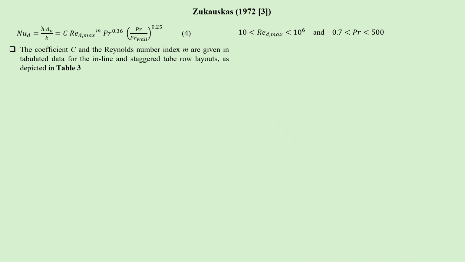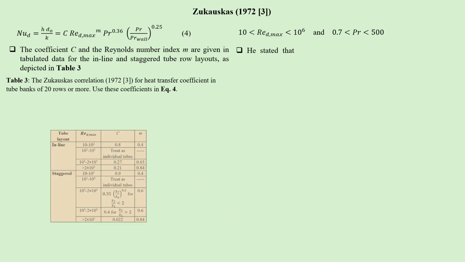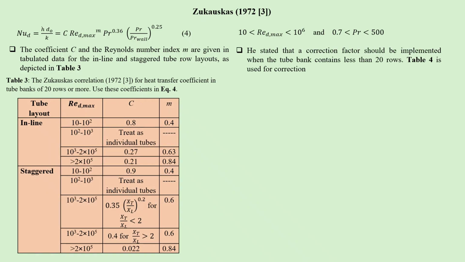The coefficients C and m were obtained for a tube bank that is composed of 20 rows or more, as shown in table 3, where the values of C and m are listed for the inline and the staggered tube arrangement.